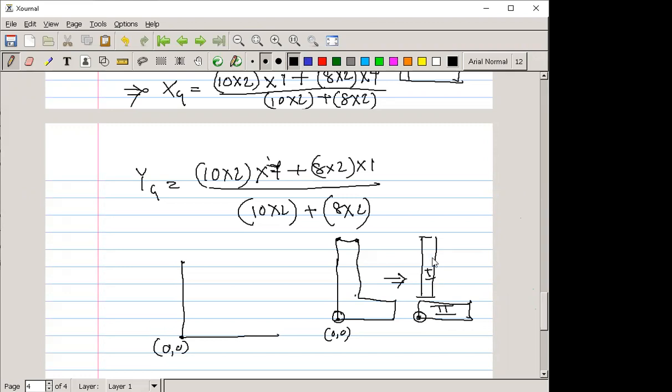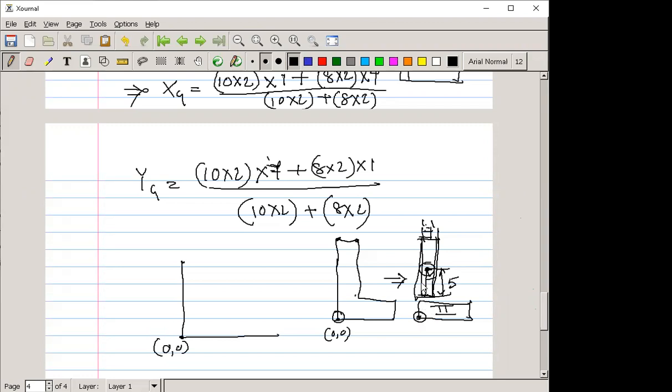So for this element 1, what is the centroid? The middle portion. What is the distance of that middle portion? This is 5, and the middle is 1. So this is 5 and this is 1.